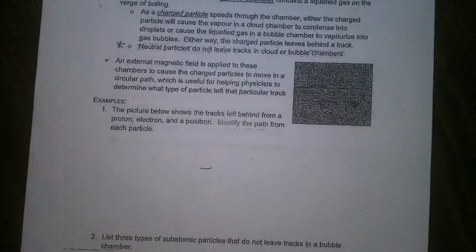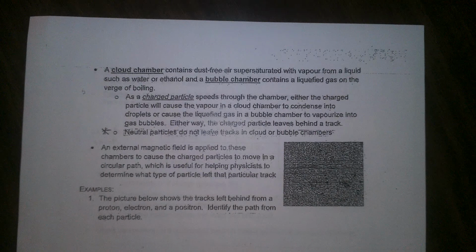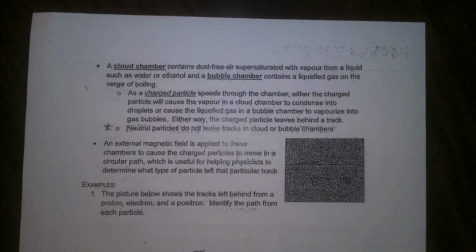This is where the concepts get a little, you just have to have an open mind. A cloud chamber is a dust-free supersaturated vapor from a liquid such as water or ethanol, and a bubble chamber contains a liquefied gas just on the verge of boiling.